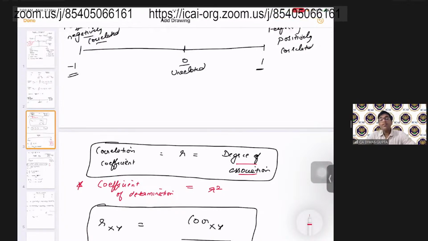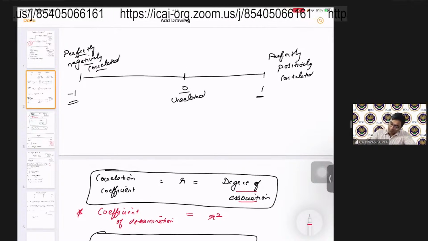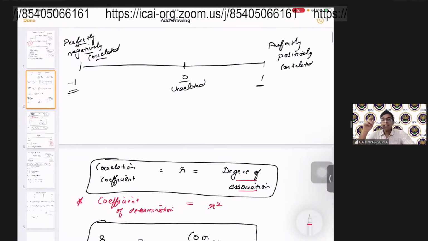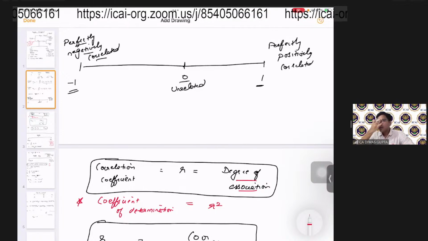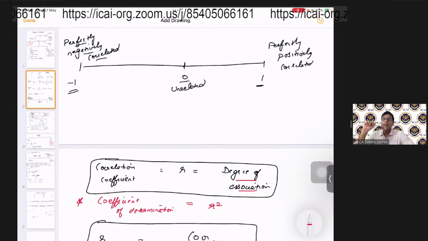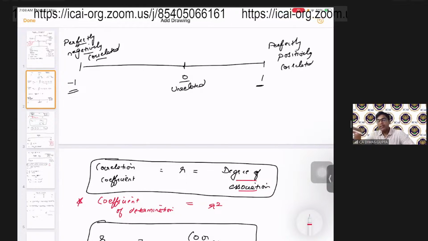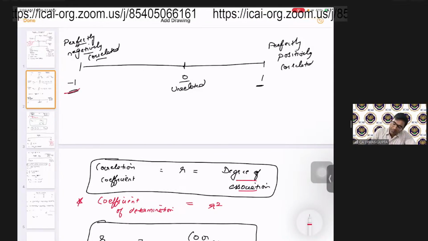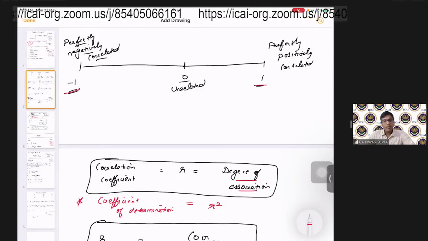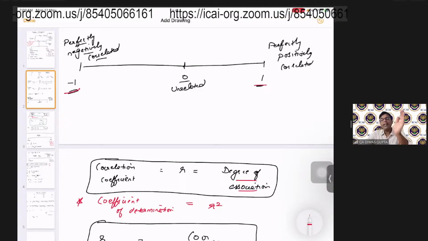Now, what is this degree of association? So it tells us that if X limited moves in a particular direction with particular amount, how will Y limited move, whether in the opposite direction or in the similar direction, and with what amount? Okay. So it ranges from -1 to 1. Okay. So -1 is it's perfectly negatively correlated.